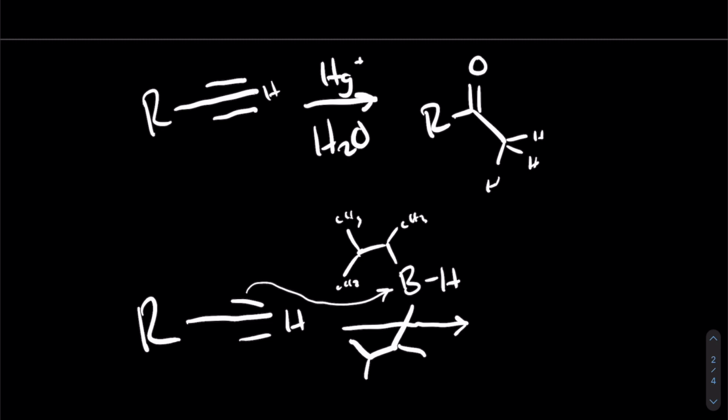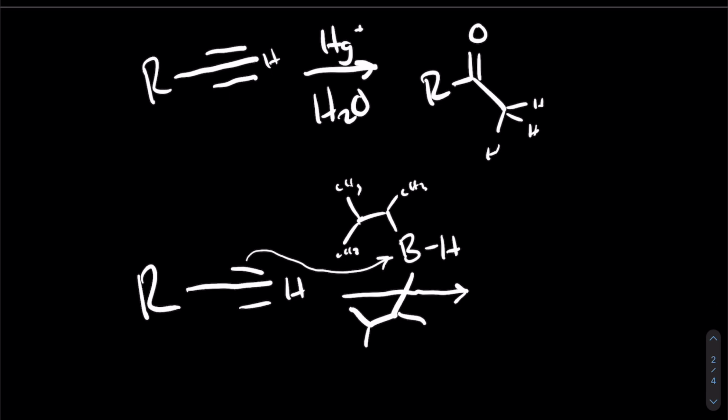It's going to make a borane. So you're still going to end up with R, and it's still going to want to put the hydride, right? So you're still going to end up with this, and now it's a double bond, and then there's your boron, positive charge there.